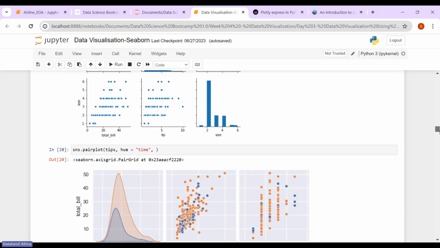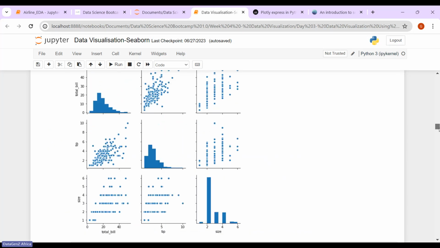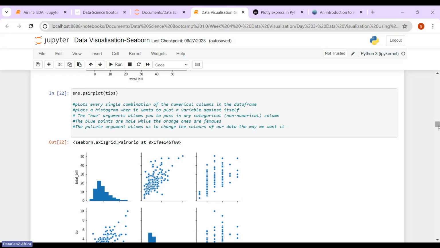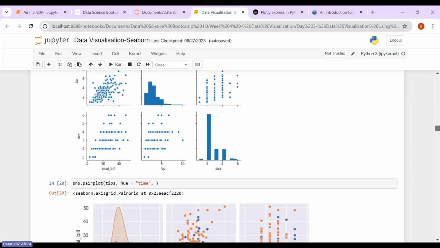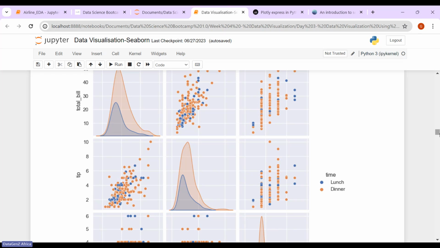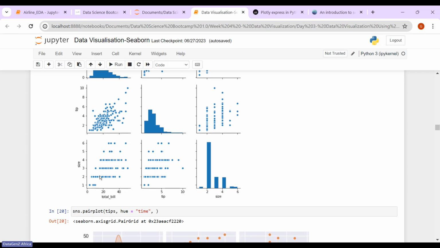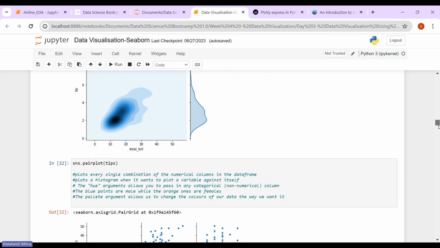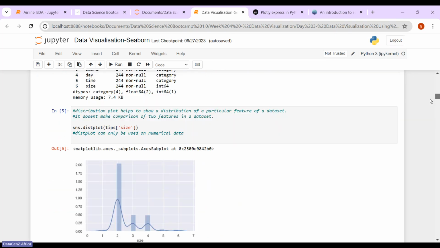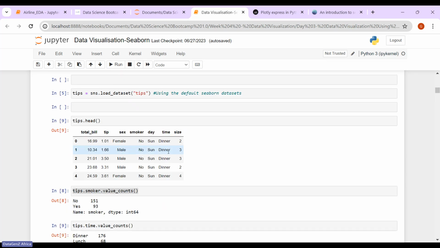All right, so when you're plotting the pair plot, you can also use categories as hue. That is, you can decide to check the relationship between total bill and tip with respect to the time at which the customers ate their meal.